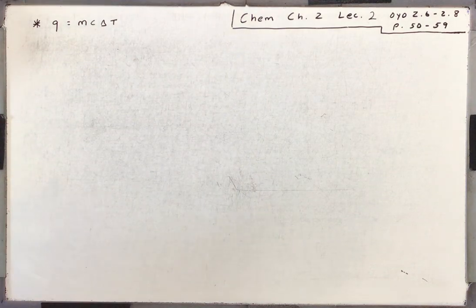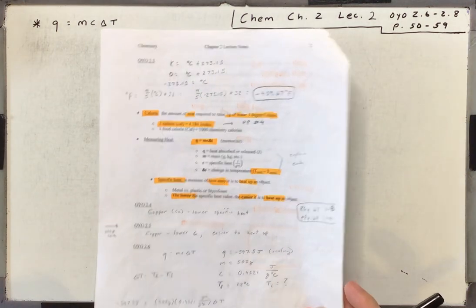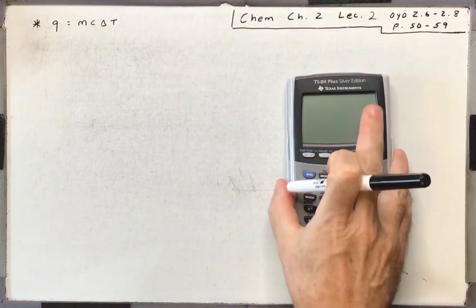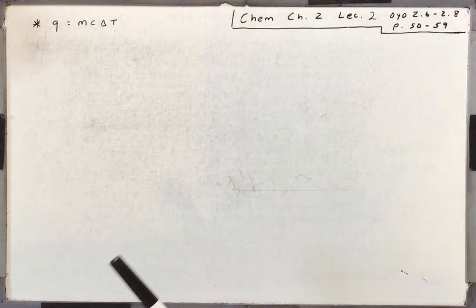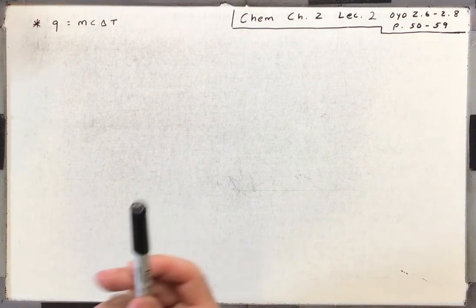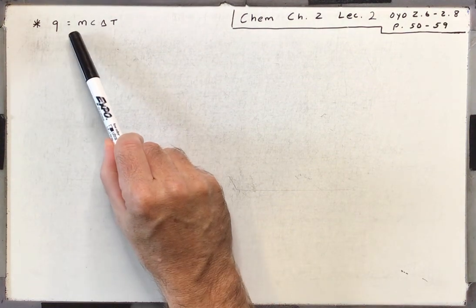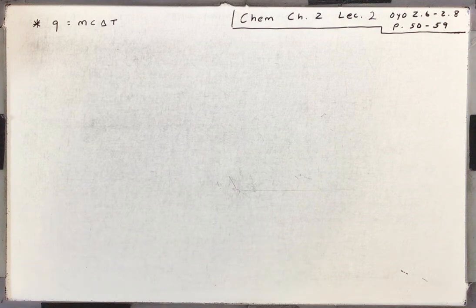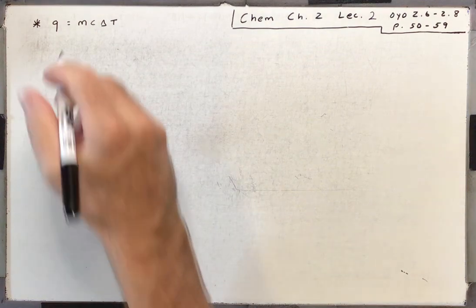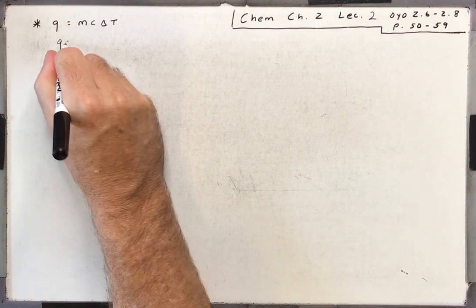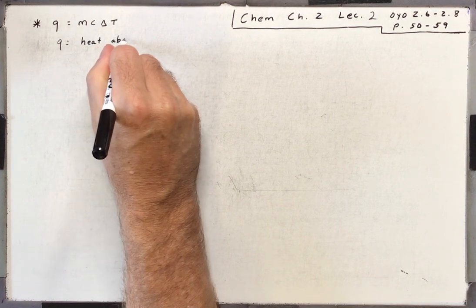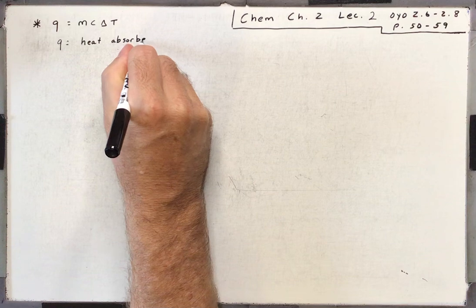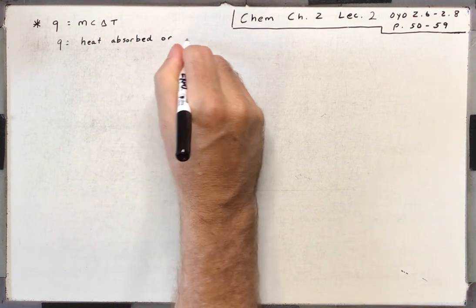So in this lecture you will need your notes and your calculator. One of the things that we talked about in lecture number 1 was this equation, Q is equal to MC delta T, where Q is equal to heat absorbed or released.